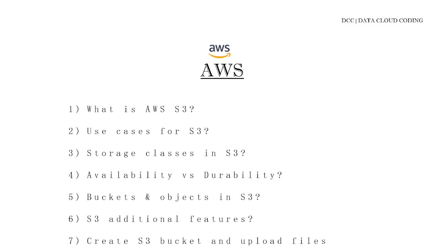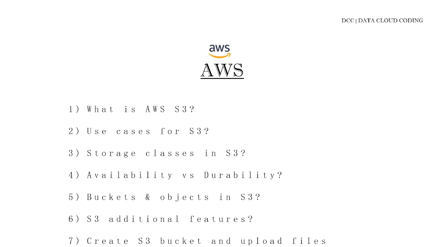Okay, so the key takeaways from this lecture: we have seen what is AWS S3. We have seen the use cases for AWS S3. We have seen what are the various storage classes in S3. We have seen the definitions of availability and durability and what important role they play whenever we are talking about storage classes, how various storage classes provide us different levels of availability and durability.